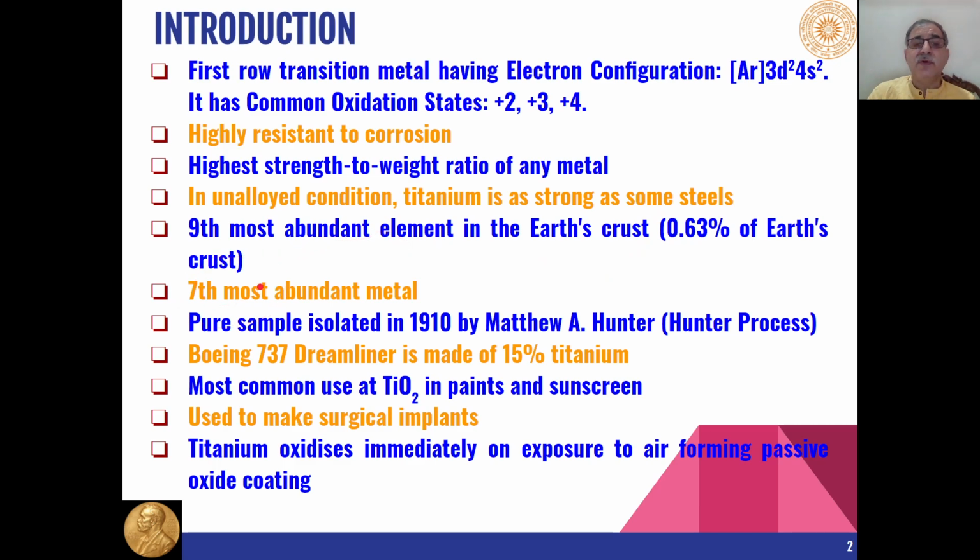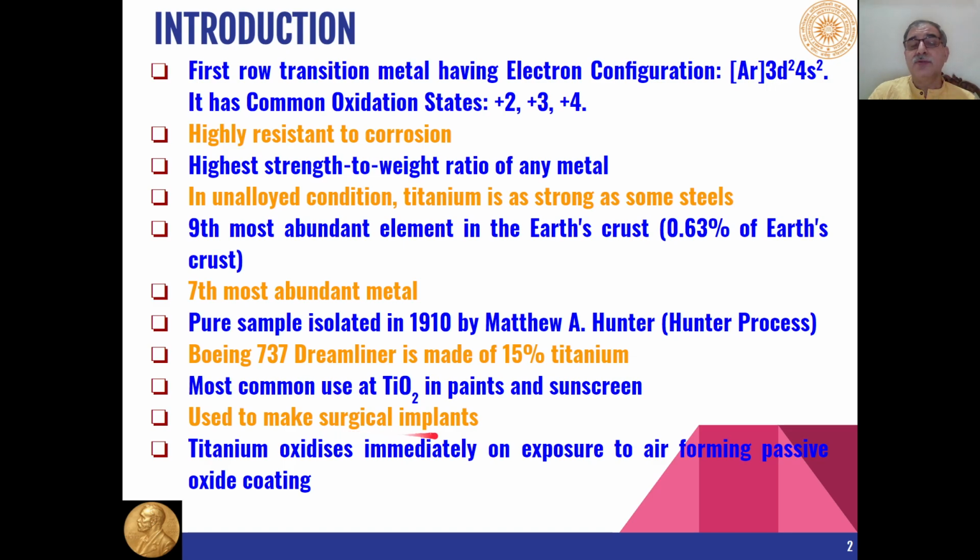This is the seventh most abundant metal, and as you know, the Boeing 787 Dreamliner has 15% titanium metal used in its manufacture. And among the various titanium compounds, TiO2, titanium dioxide, is commonly used in paints and in sunscreen.